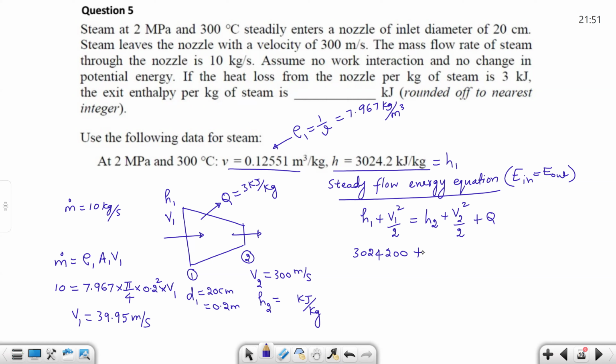So 39.9 squared. H2 is what we want. V2 is 300. Q must be in joule per kilogram, 3000. Now H2 you get in joule per kilogram from this equation.